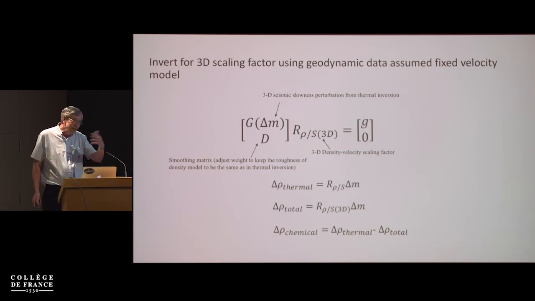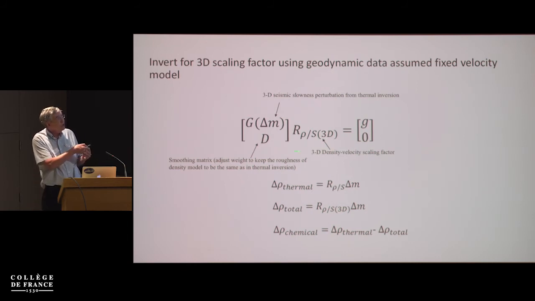And you can always just find a density model to fit the geodynamic data, but we approached it through an inversion where we fixed that seismic model, we fixed the densities in it, and then we inverted for a 3D scaling factor just for the densities to better fit the seismic model.